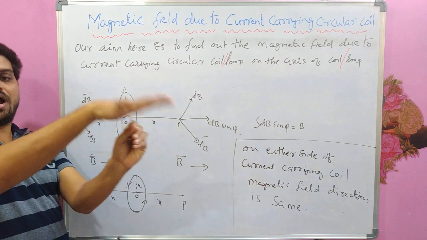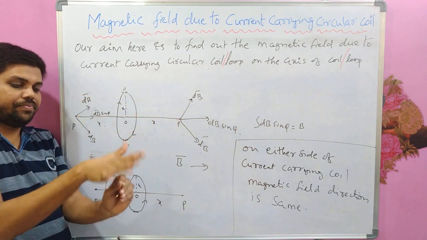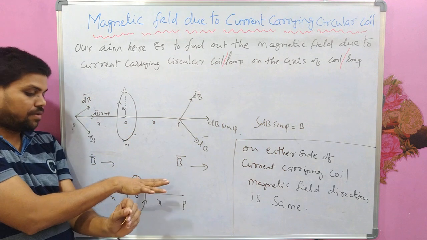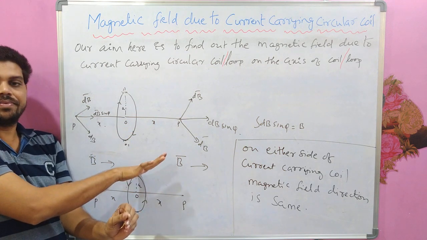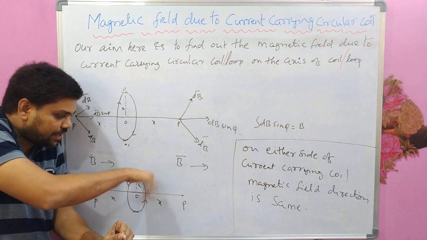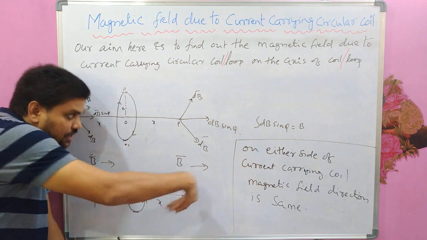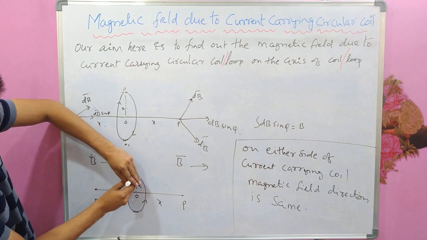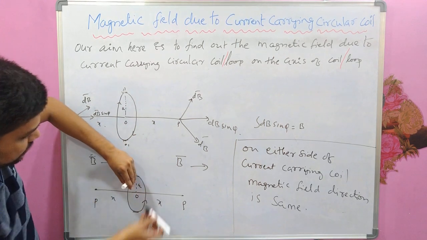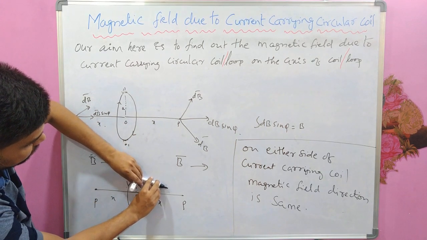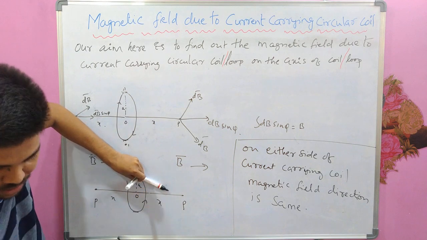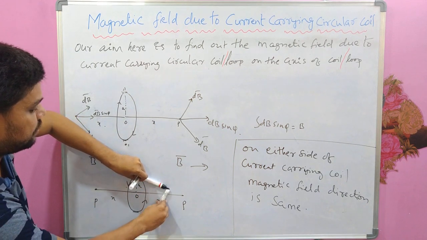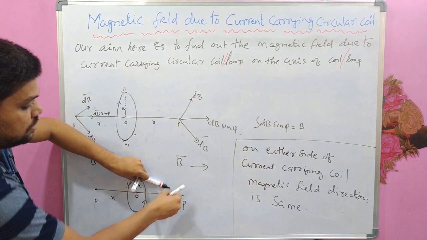On the top of this coil the current is inside. Then what is the magnetic field direction here? It will be this side. Current is inside, and this is R. This is R, and current will go this way.